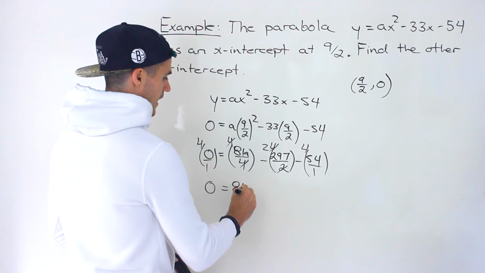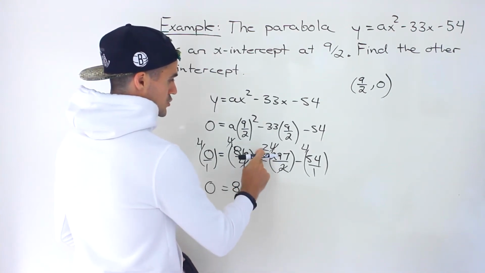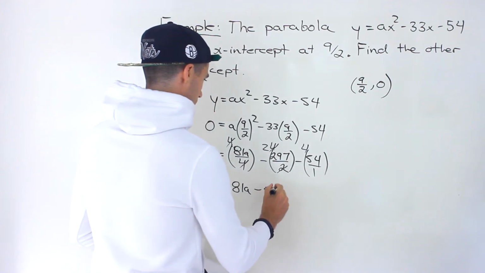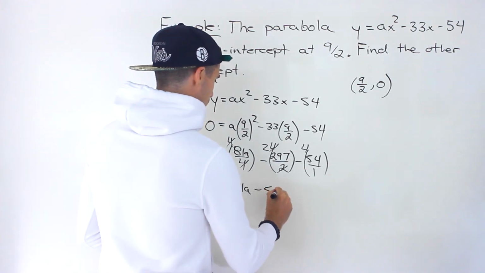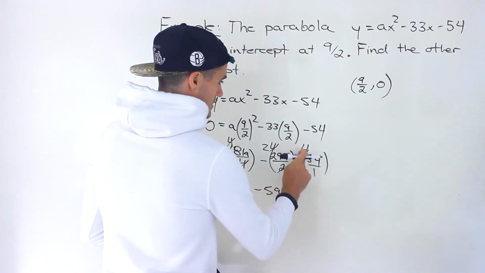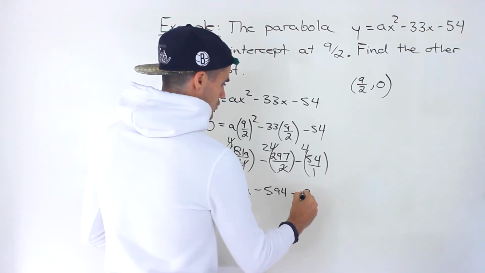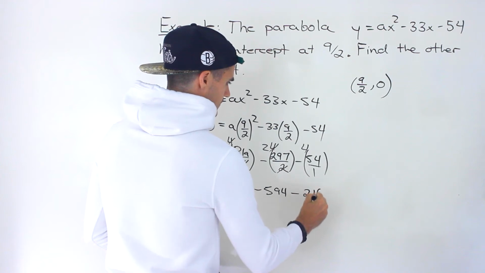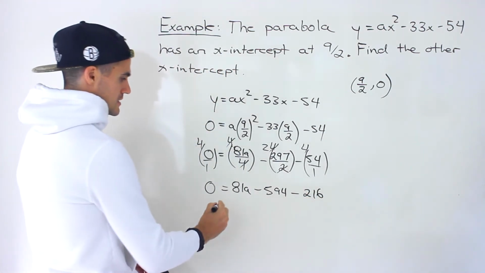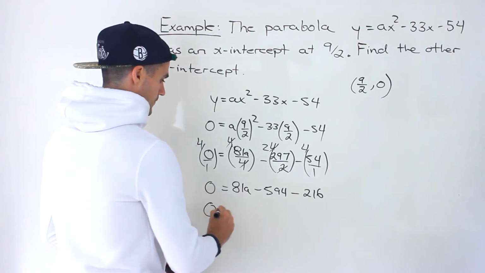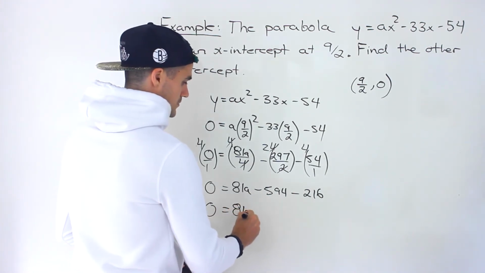Then we'll have 81a over here, minus 2 times 297, which would give us 594, minus 4 times 54, which would give us 216. Over here, we can just collect like terms.